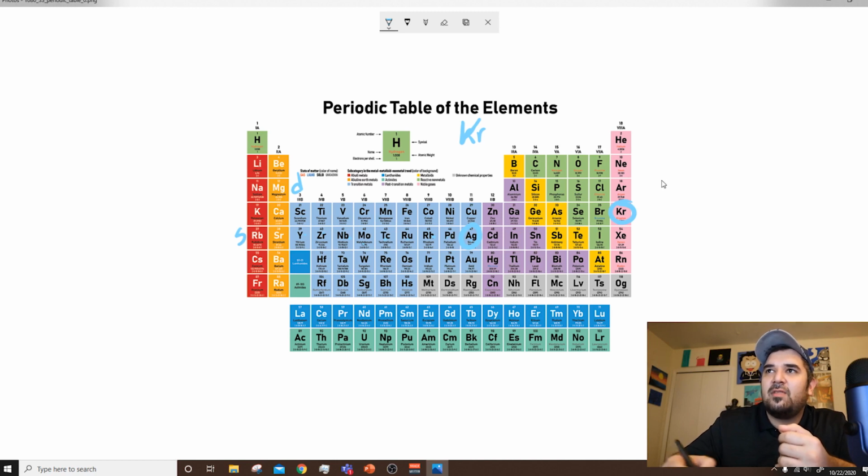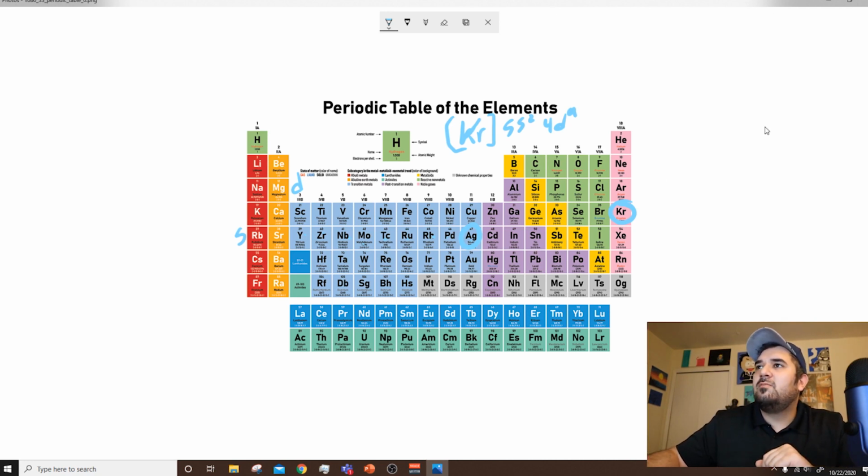So to write that out, krypton, then 5s2, and then after 5s2, this is 3d, this is 4d, so 4d9. And then after 4d9, we have 4d10, and then after 4d10, we move on to the next p block.